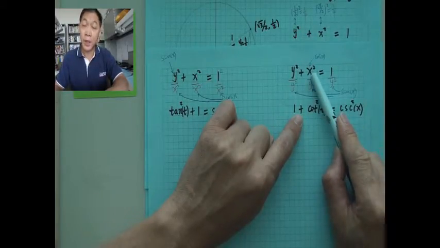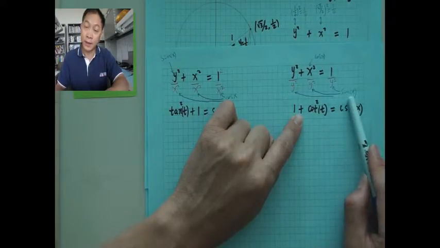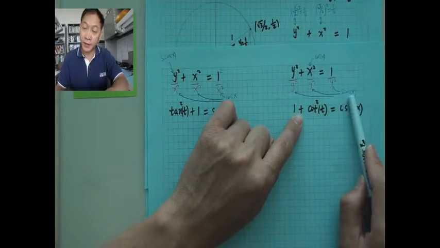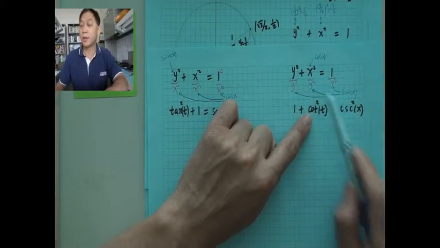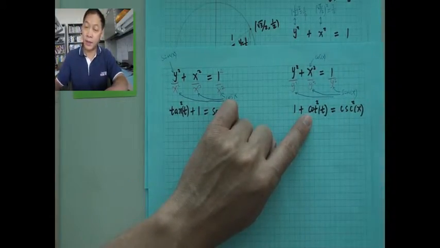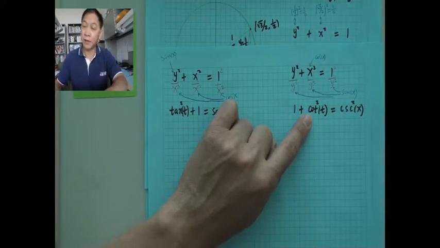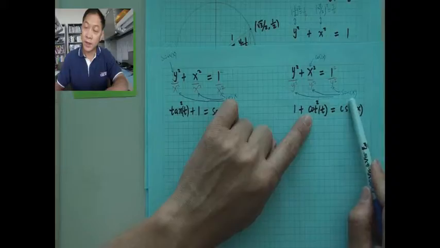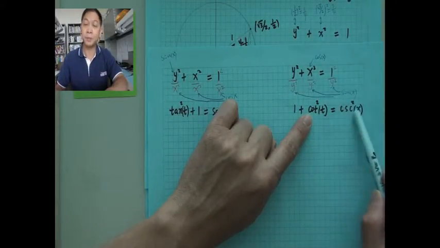X is cosine and y is sine, so cosine divided by sine is cotangent, and then squared. Again 1 is 1 squared, so then you have 1 over sine, which is cosecant, and then you square it.